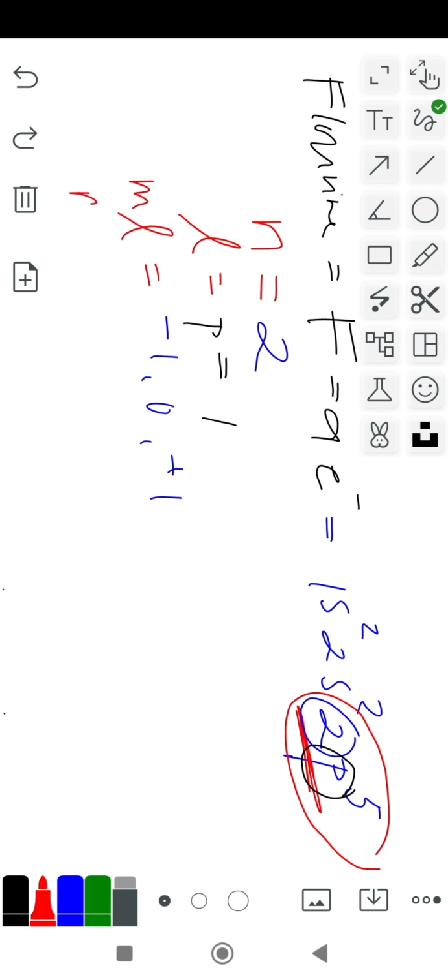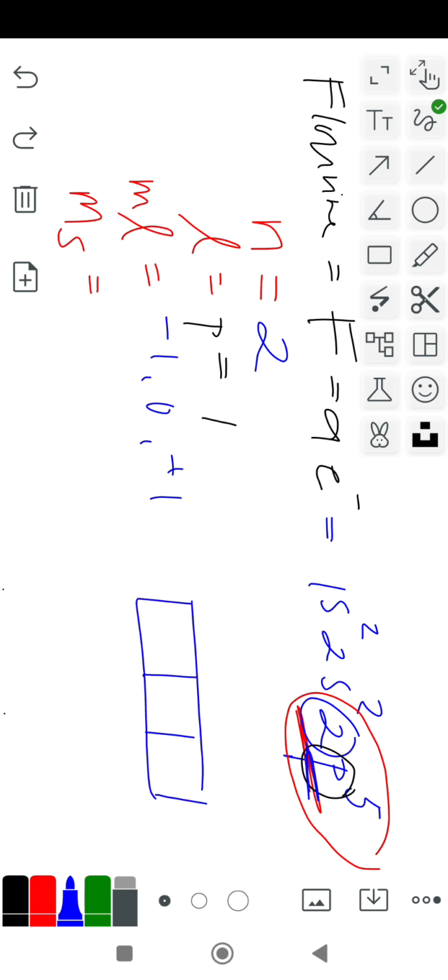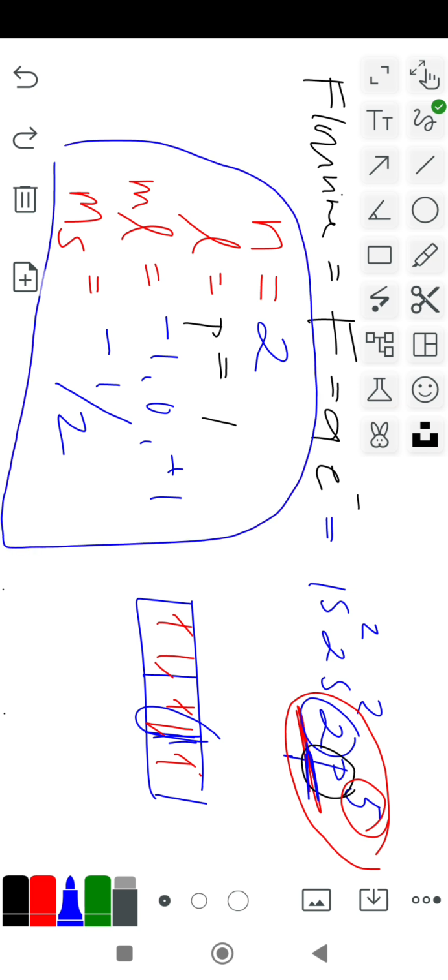Then, next is your MS. For the MS, you will just focus on P. P has 3 boxes, so we write 5 electrons: 1, 2, 3, 4, 5. The last arrow I put is downward, therefore it has negative 1/2. So this will be the complete answer for the quantum numbers of fluorine.